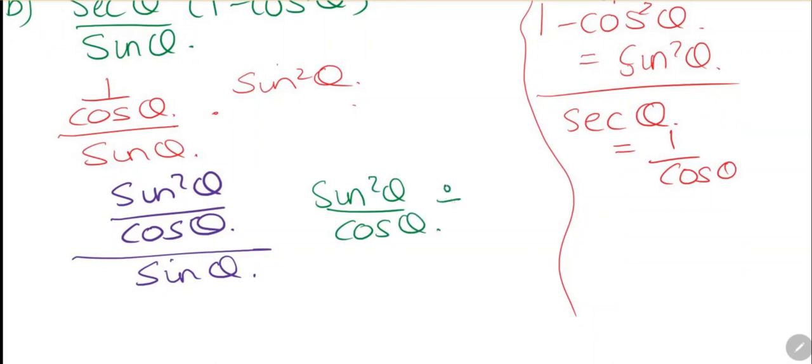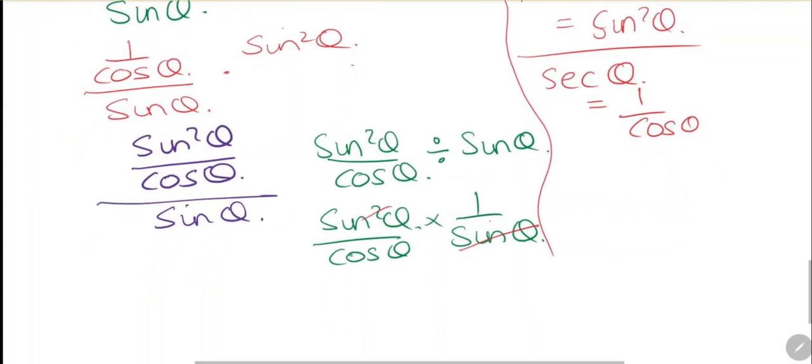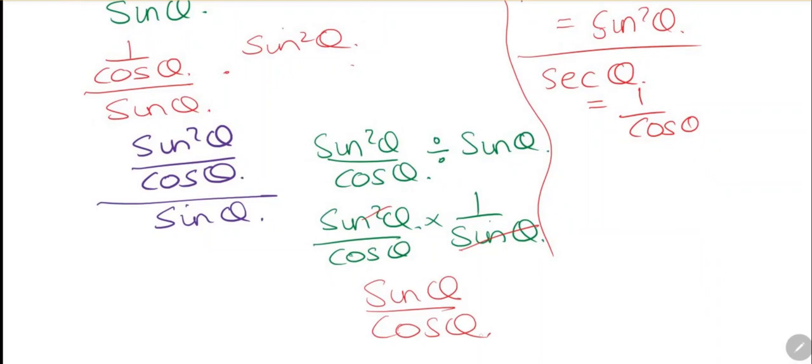This is like saying divided by sine, which if it becomes a multiply, we would be multiplying by 1 over sine theta. And if we do that, one of these sines will simplify. So now we're left with 1 times sine theta.